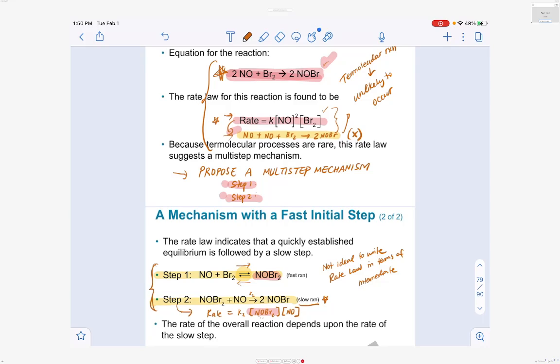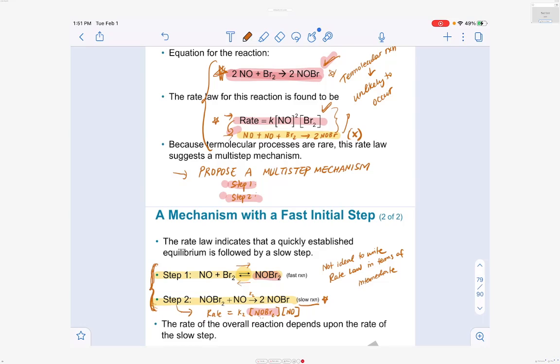If this does not meet all the criteria for a plausible mechanism, I cannot use these equations to explain this overall equation. Let's see if the mechanism that I proposed agrees with these experimentally found pieces of information. Is that clear, everybody?